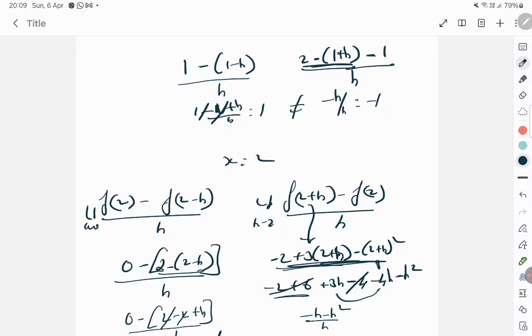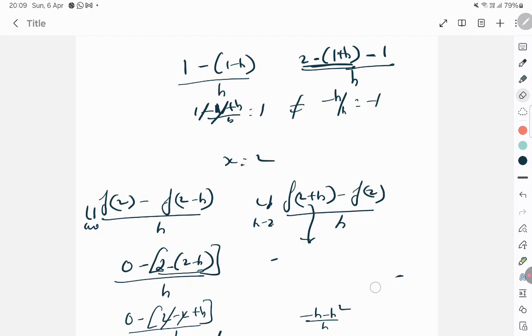Correct? We have only solved for f of 2 plus h. And what was the answer for it? It was minus h square by h, where you could have taken h out common and cancelled. If you take h out common and cancel, it will be minus 1 minus h. That's the answer, correct?